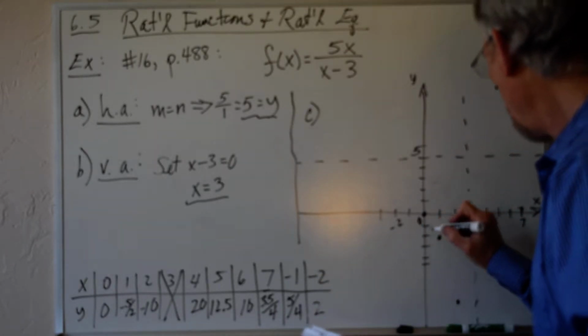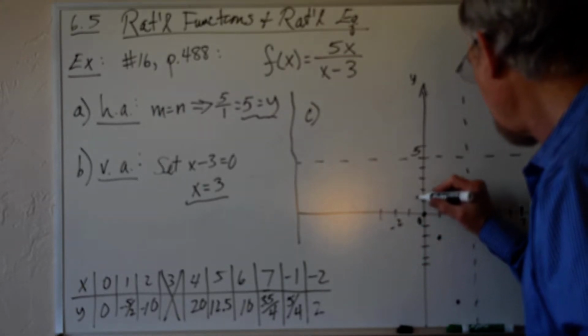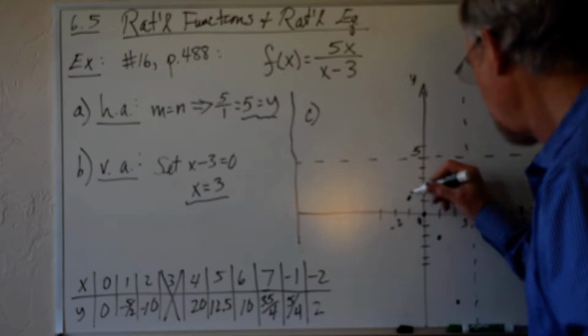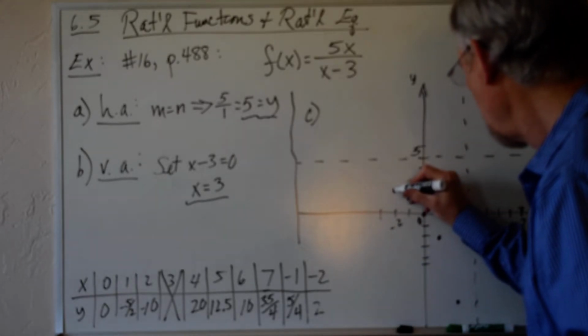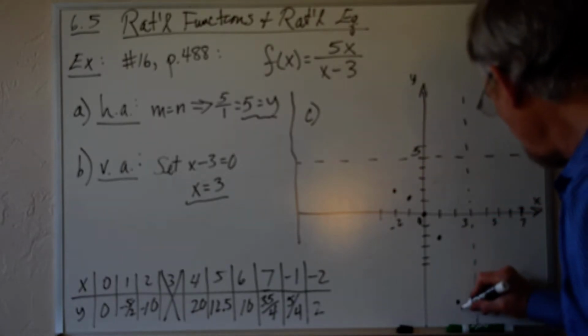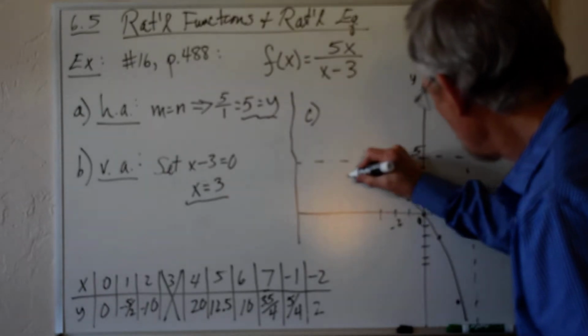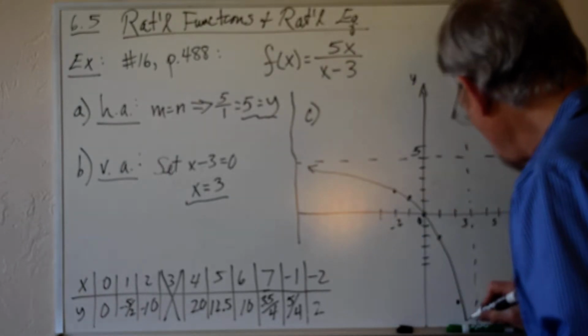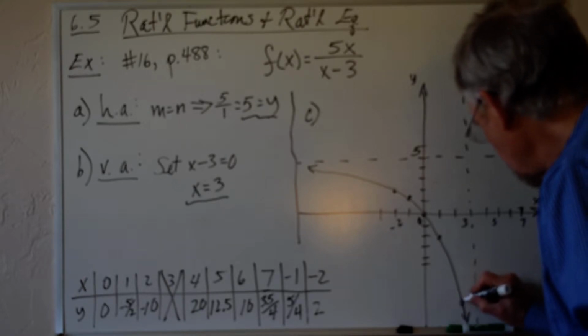And negative 1 gives me 5/4. So I'm there. Negative 2 gives me 2. So I'm there. All right, if I connect all these dots, I think I can convince you that the graph looks like this.